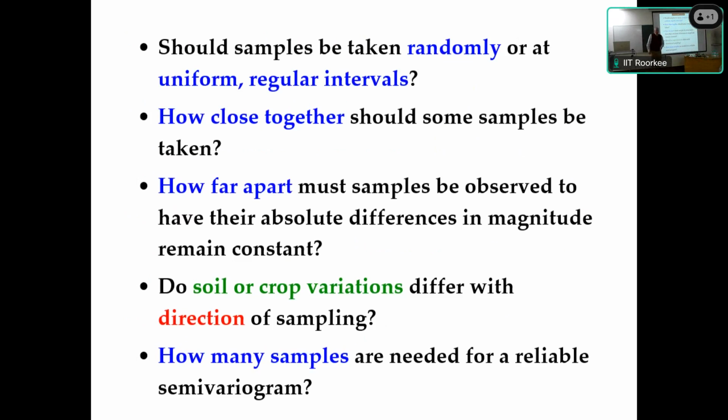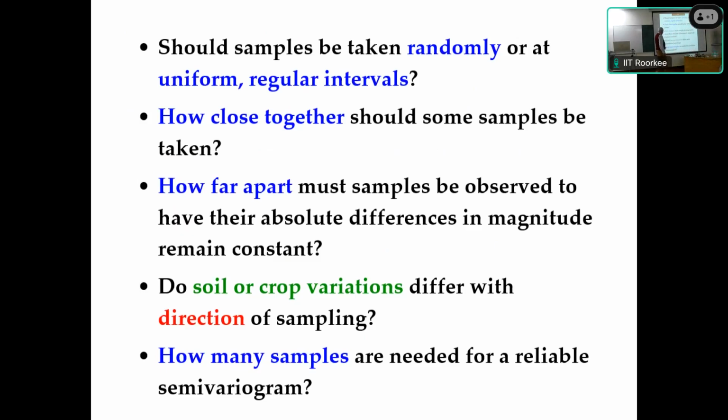So when we have a two-dimensional data set, is the computed semi-variogram different if we just calculate it in this direction, all observations that go in this direction, or the same observations, but we now calculate them all in that direction? So is there a difference?